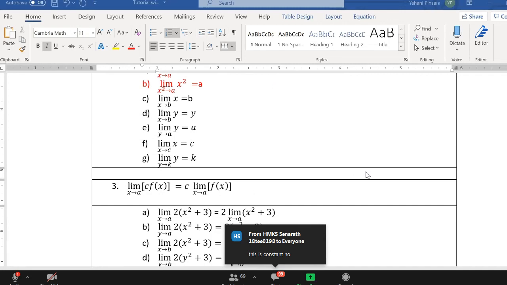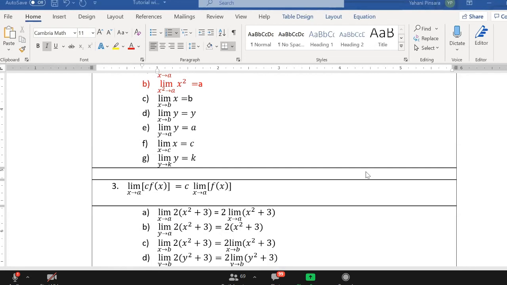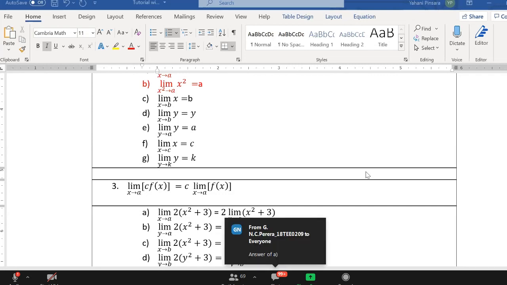Pereira, I can't understand what is the answer. Can you tell it? Pereira, can you tell your question? Answer of A. Which law?